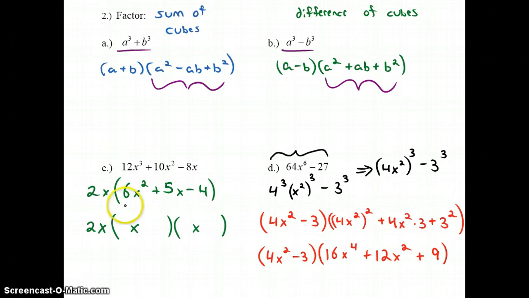Now, with these 6's, I think generally 2 times 3 multiplies together to be 6. And so I'm just going to try it. If I've got a 2x and a 3x, that gets me my 6x squared. And now the question is, what numbers do I have to put in over here and over there so that I multiply to negative 4 and add to 5x? Well, 2 times negative 4 gets me negative 8.